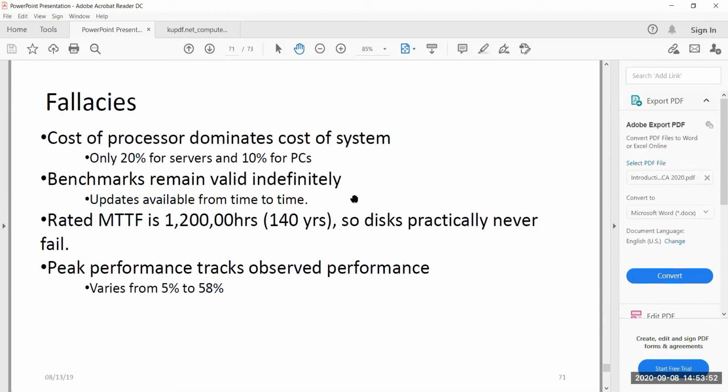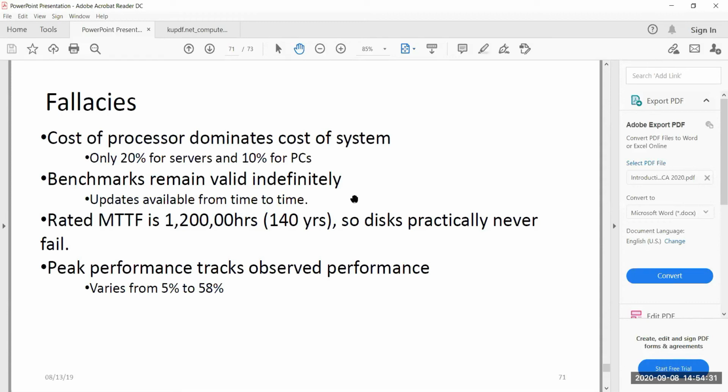And the last fallacy is that peak performance tracks observed performance. Peak performance is the maximum amount of performance that you can get from a system, and you are sure that your system cannot cross it, but that in general will not be your normal, observed performance.